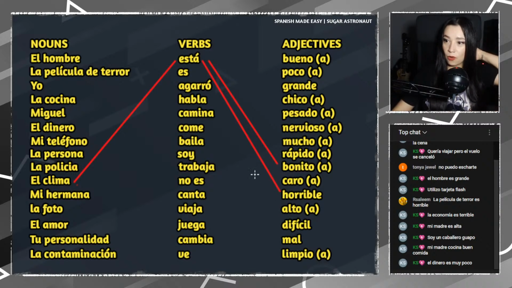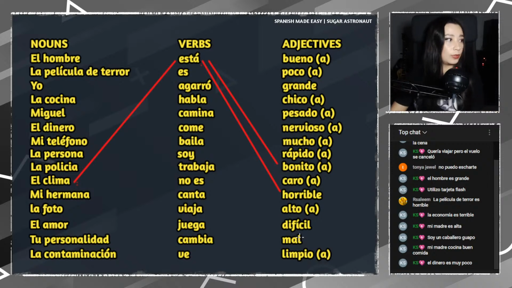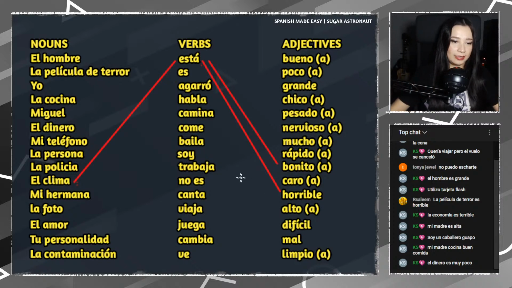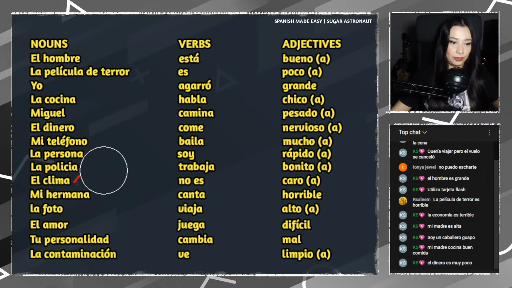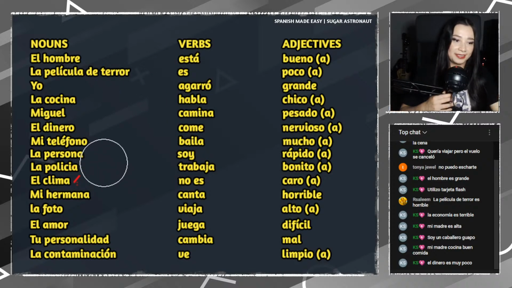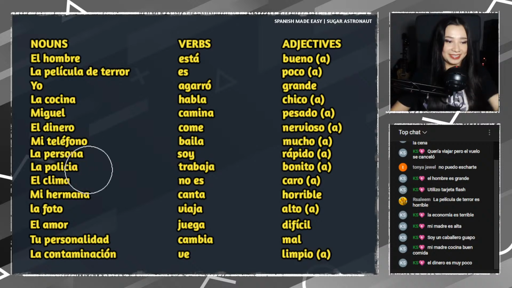The weather is horrible. I think that's it for weather. If you see other examples, guys, if you see, hey, this one also works, you can tell me because we're practicing, right? You're practicing.